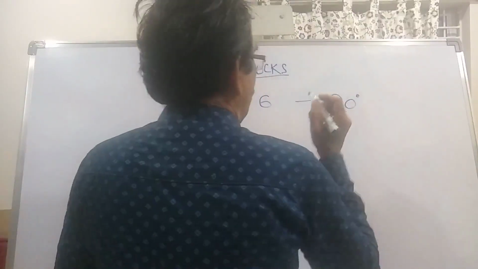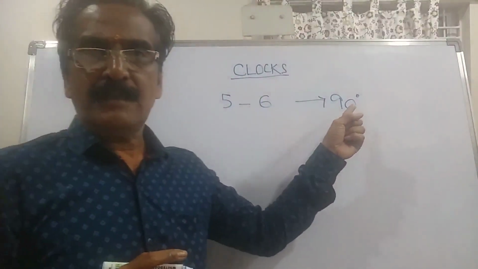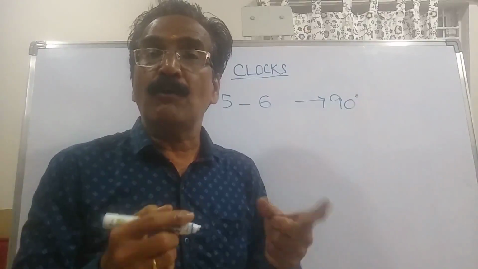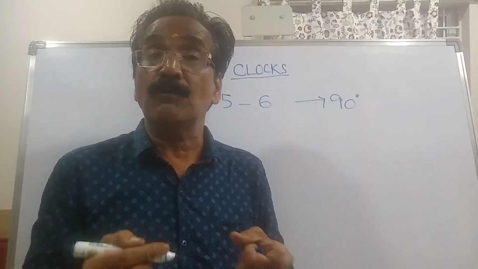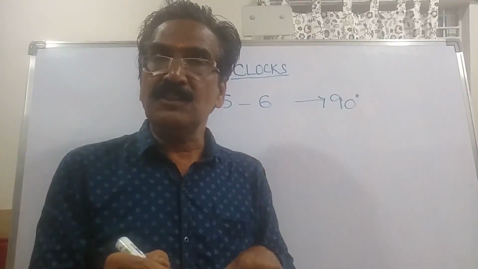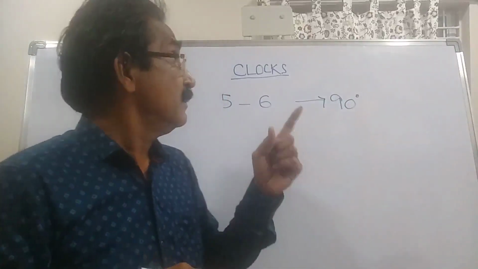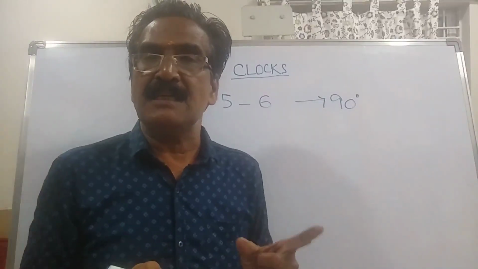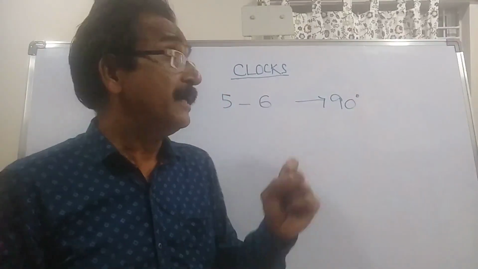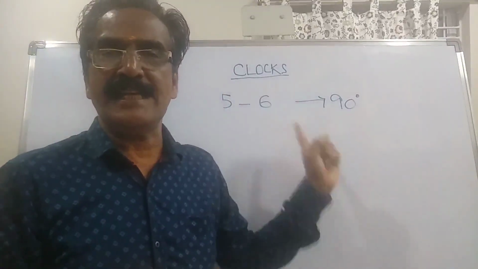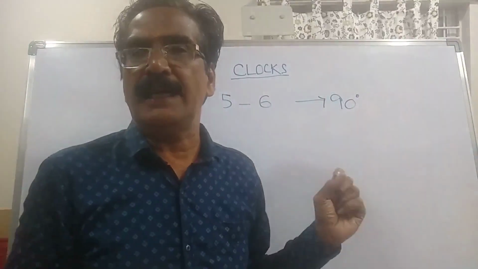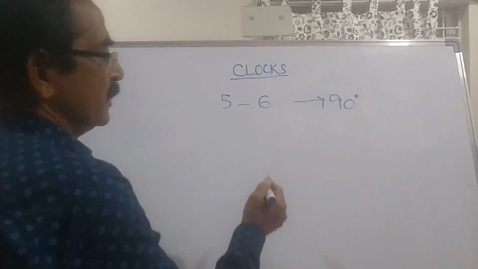So the angle is given, and now we have to find the time. At which time will the angle between the hands be 90 degrees between 5 and 6? Now let us see how to solve this problem.